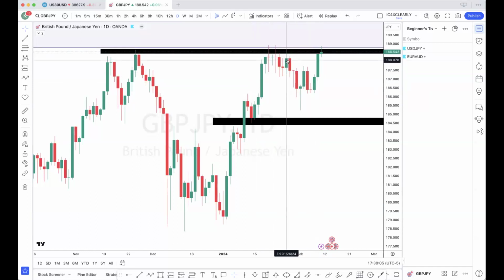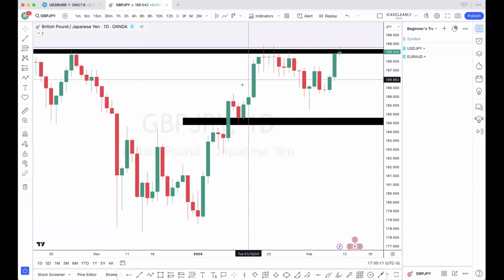And if you trade the trend, that is what's going to happen for you. My recommendation is to be patient, trade the trend. So I waited for price to come back here and then took it up to this next zone.